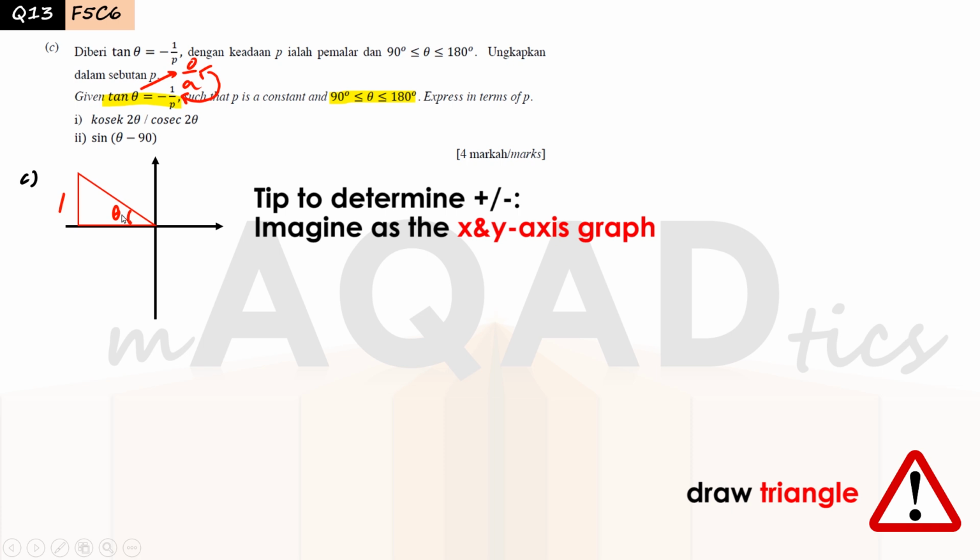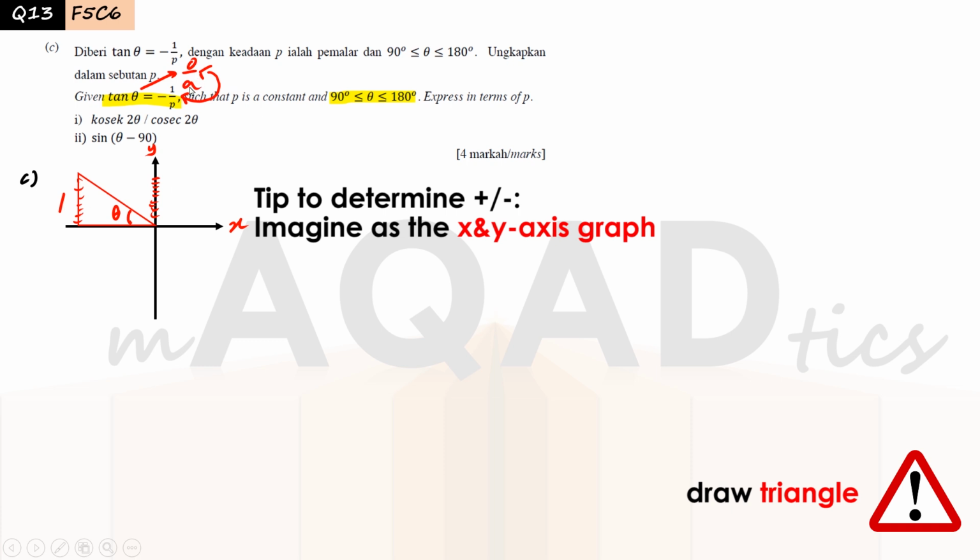Alright, so a tip for y'all is I will view this as the x and y axis graph. Okay, even though it's not, I will let y'all imagine that this is an x and y axis graph. So for the values on the y axis, these are all positive values, which is why this is a positive value. It's not a negative value.